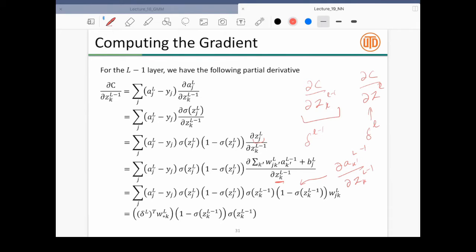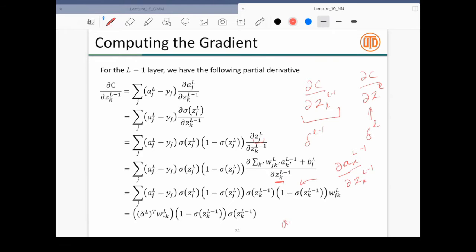And since you're taking the gradient only with respect to a_k, and there's a sum over here, because it's a partial derivative, all the others will get cancelled. So the only term that will be left is the gradient of a with respect to k. Okay, so it's the gradient of a_k^(L-1) with respect to z_k^(L-1), right?